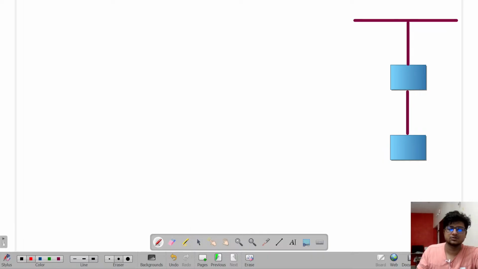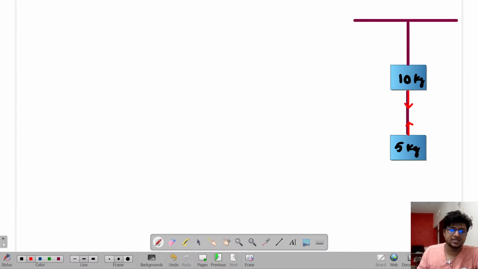Let's suppose this is mass 10 kg and this is mass 5 kg. So if I want to find the tension in the thread, see, if I try to draw the FBD, this is tension T, correct? Same tension. First of all, how many threads are there? One or two? Two threads are there, one here and another one over here.